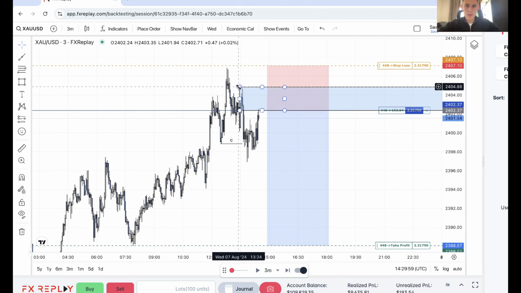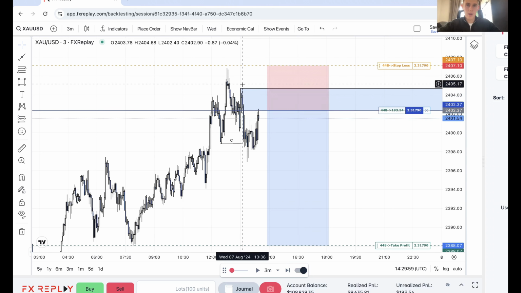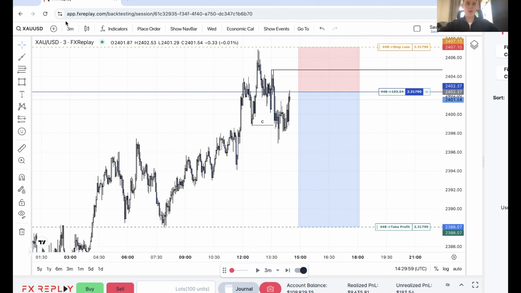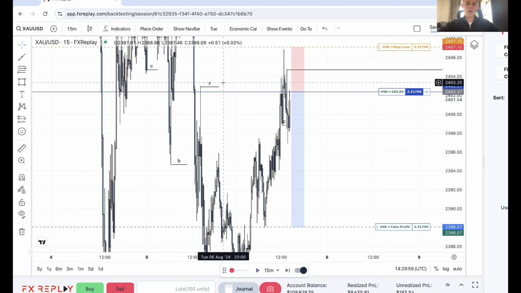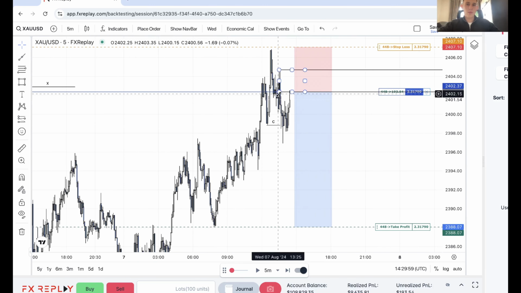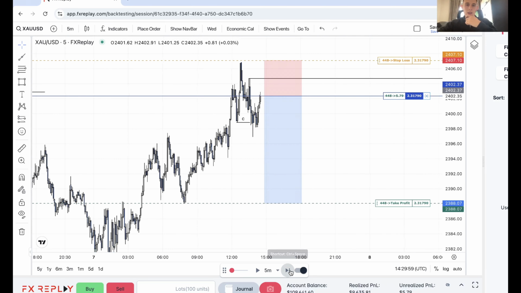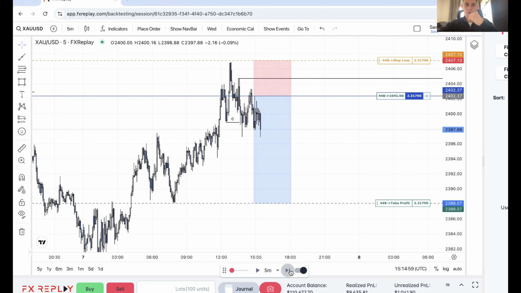Cool. So tagged in. This was the supply zone I'm going off. Once again, same setup over and over again. Sweep of liquidity to the left, break of structure, retest, sell down into previous liquidity.